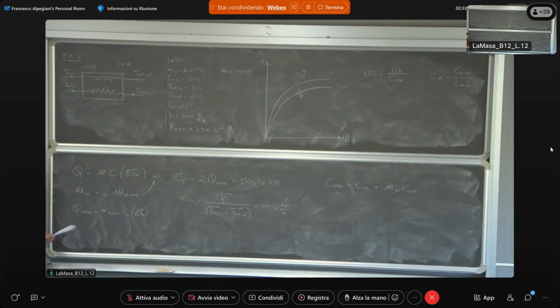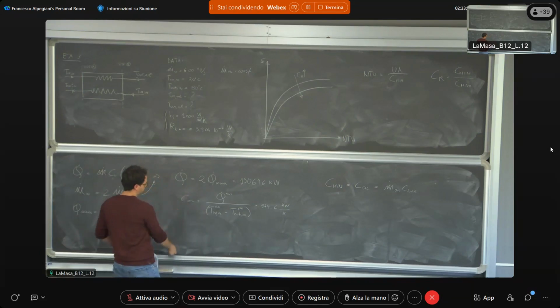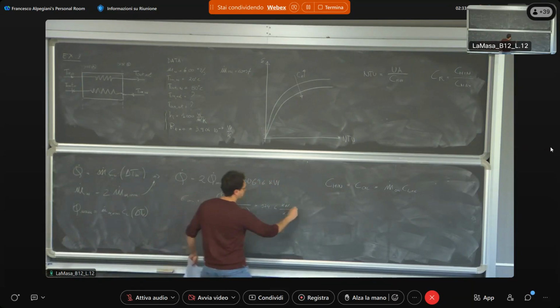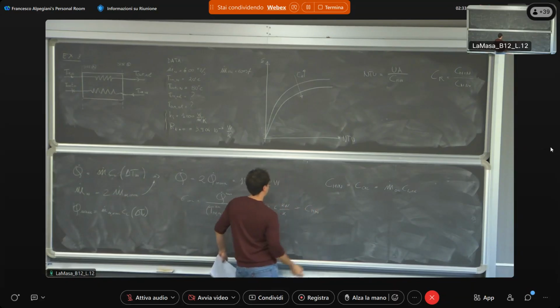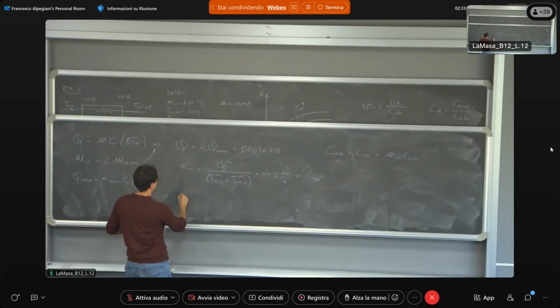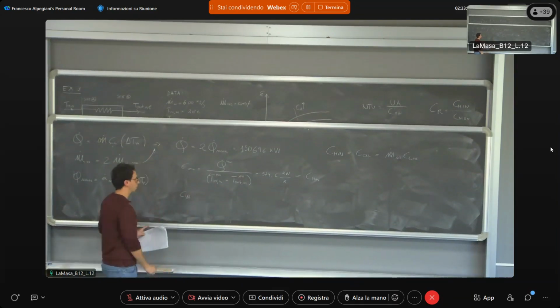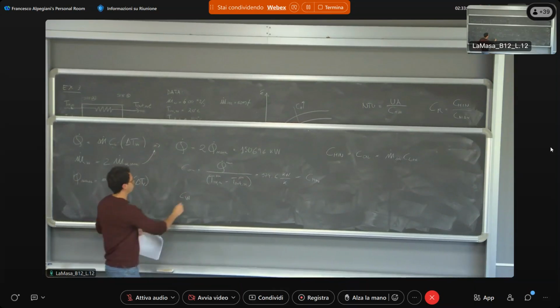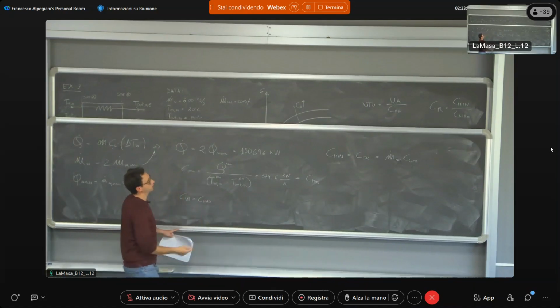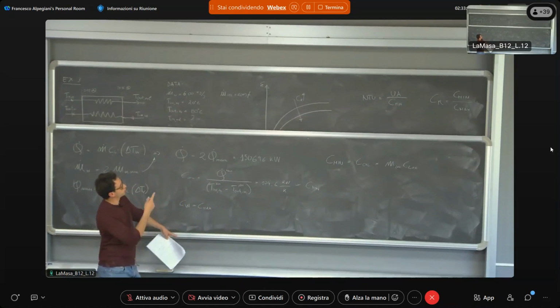Okay, so now, having evaluated C oil and knowing that it remains the same, and knowing that it is the minimum one, so this is also C min, we need to evaluate the heat capacity of the water, which is the maximum one, to then evaluate the ratio between the two, and so Cr.